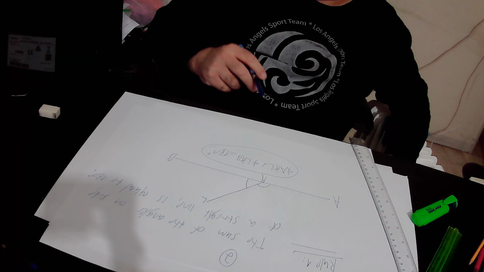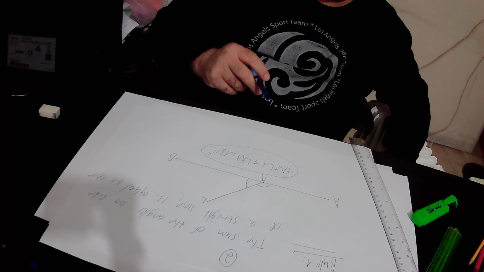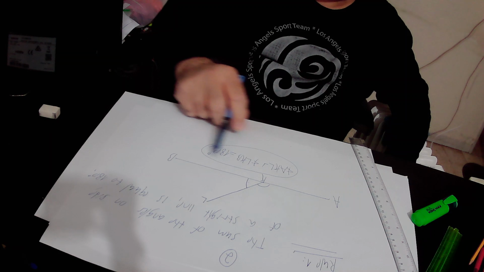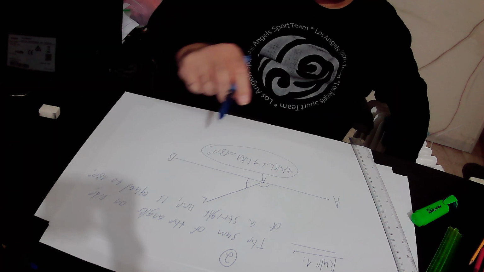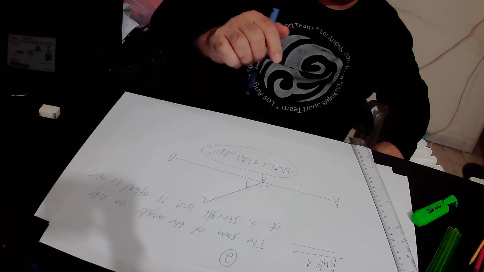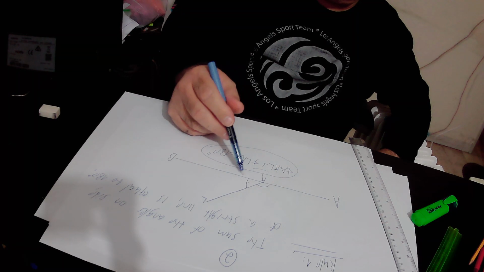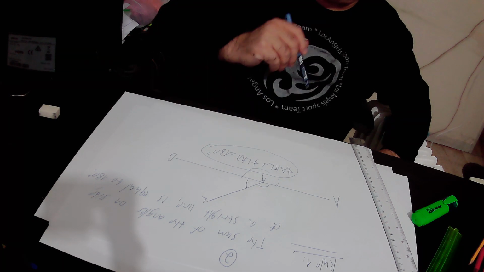The same thing is true if we focus on the lower side of the straight line AB at point K. The sum of these angles must also be equal to 180 degrees.